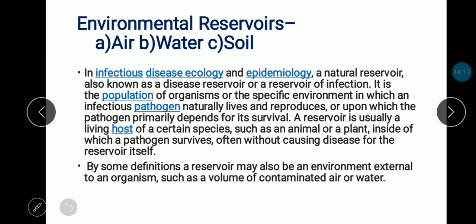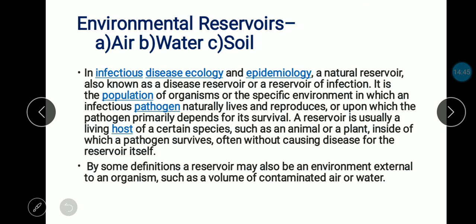The environmental reservoirs like air, water and soil, as we saw in the previous slide, are all interrelated. In infectious disease ecology and epidemiology, a natural reservoir is also known as a disease reservoir or reservoir of infection.